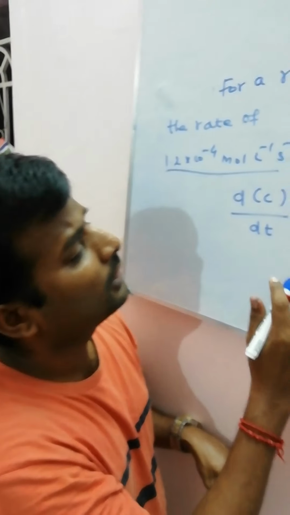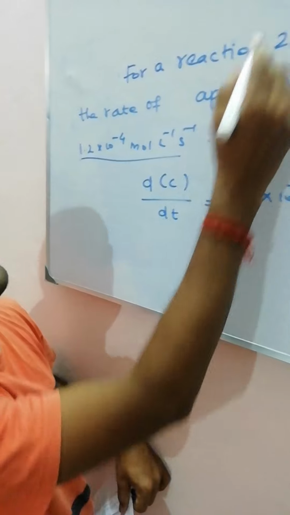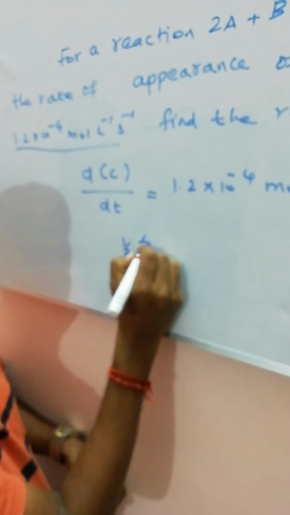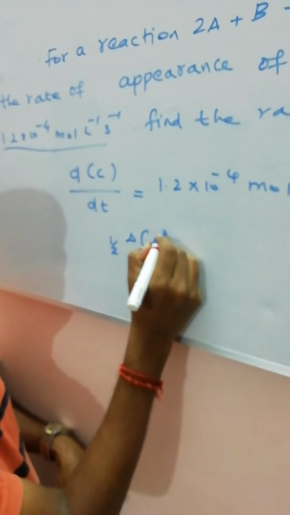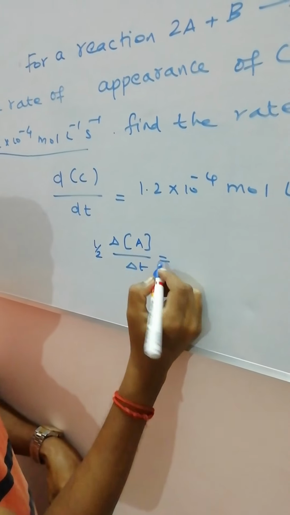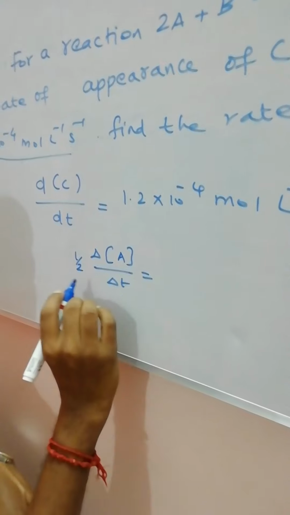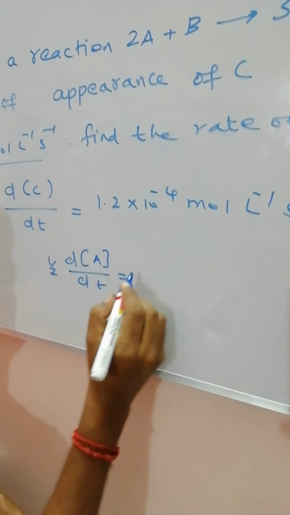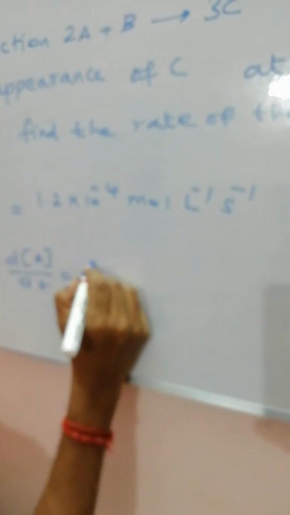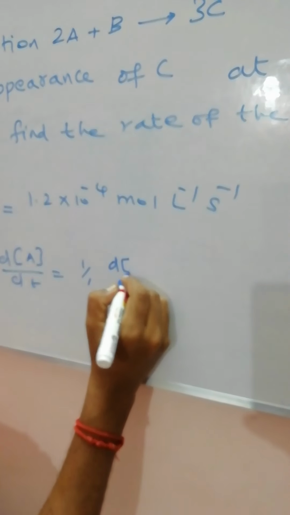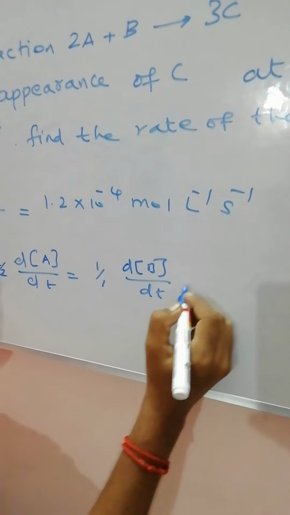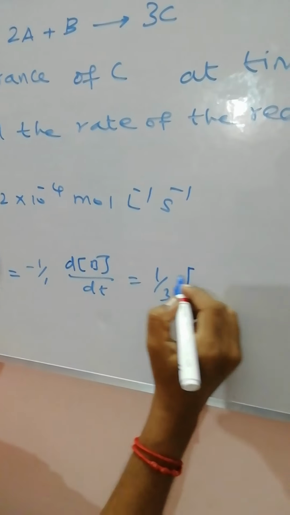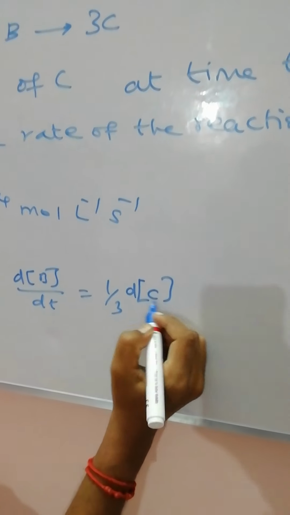In this case, we already know how to write the equation: minus 1 by 2 dA by dt is equal to minus 1 by 1 dB by dt, which is equal to 1 by 3 dC by dt.